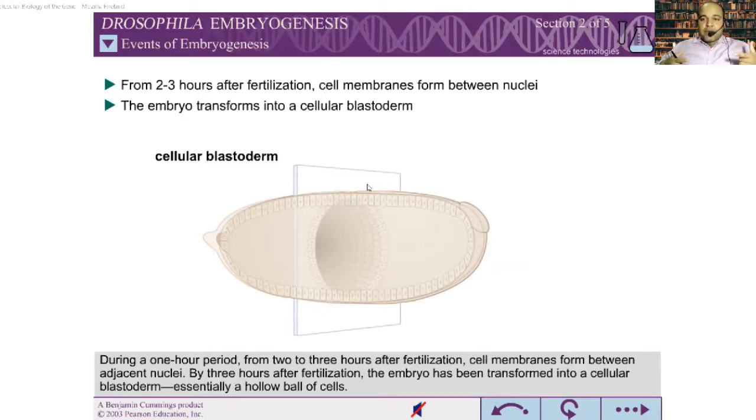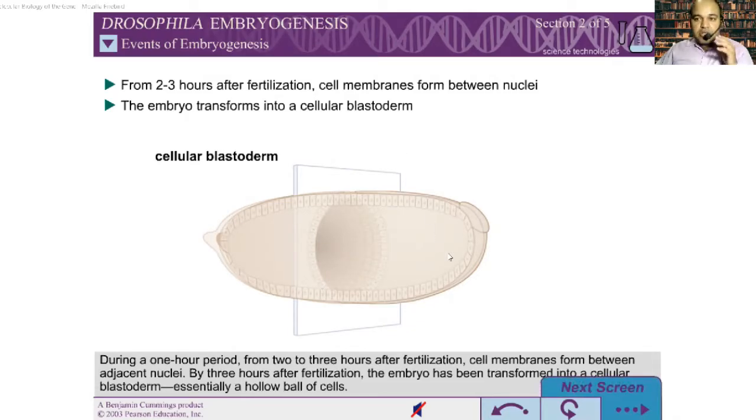So this represents the peritoneal cavity present in our body, resembling directly the blastocele cavity. Okay, 3 hours after fertilization, the embryo has been transformed into a cellular blastoderm, essentially a hollow ball of cells that has been produced.